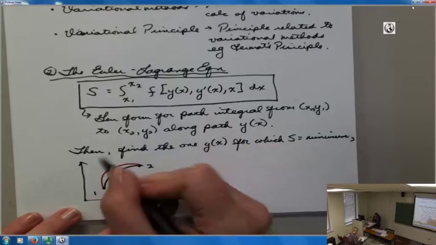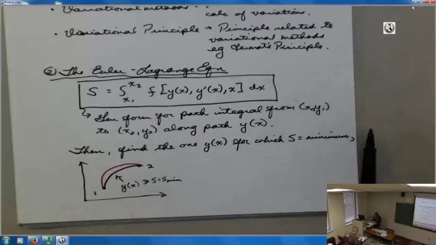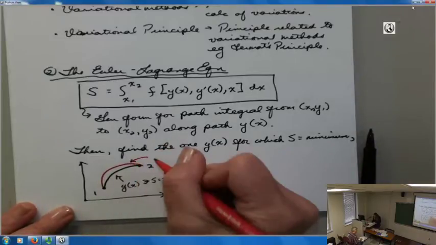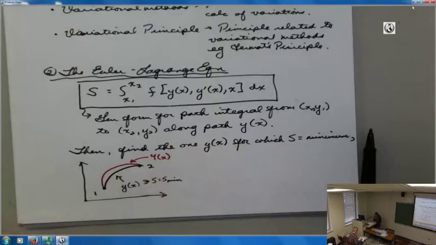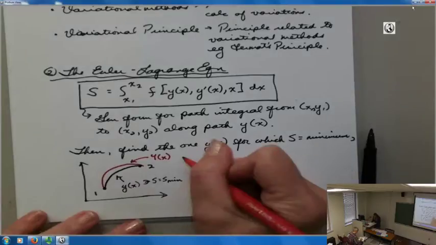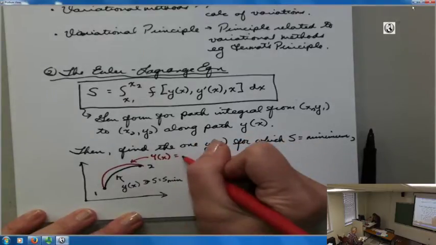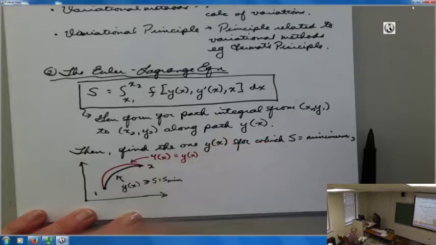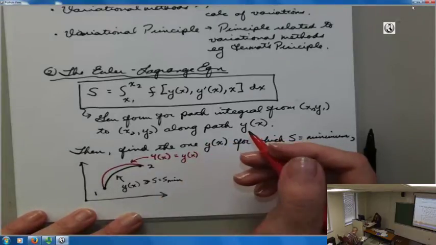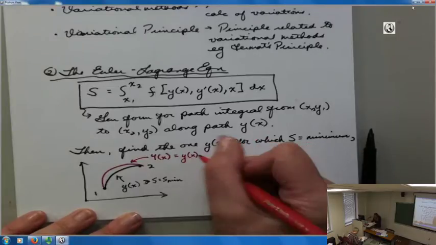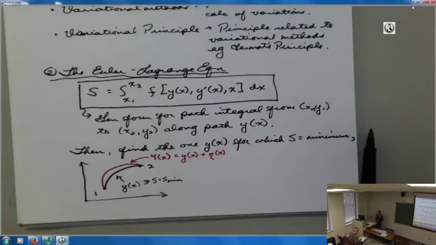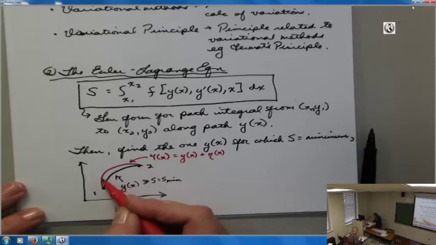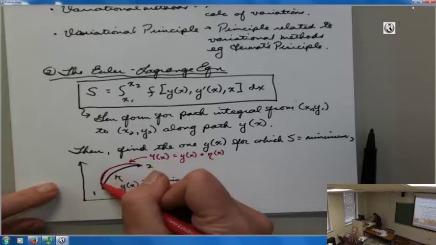I've got this other path over here. It's a different path, so I need to give it a slightly different name. I'm going to use the capital Y for it, and it is going to be equal to y of x plus some function eta, which is also a function of x.